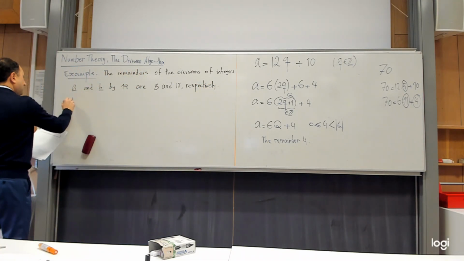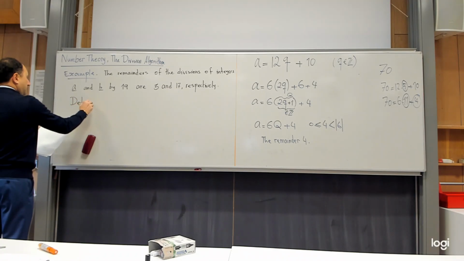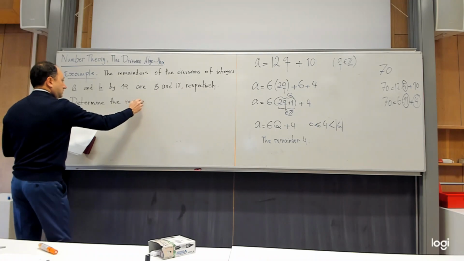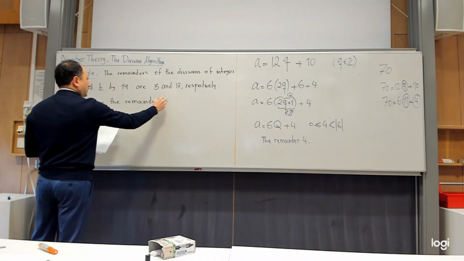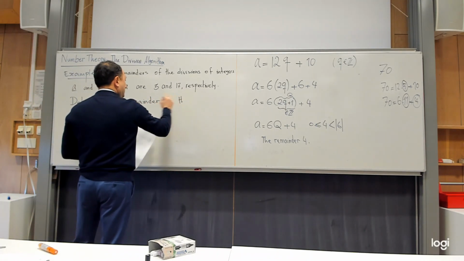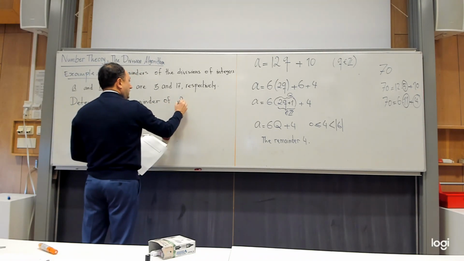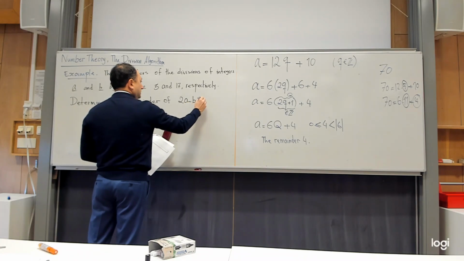Determine the remainder of the division, you don't need to write the division, the remainder of 2a minus b by 17.